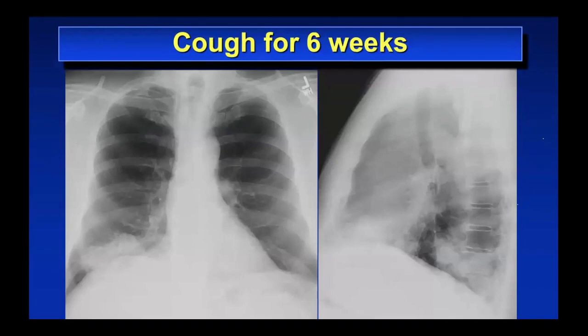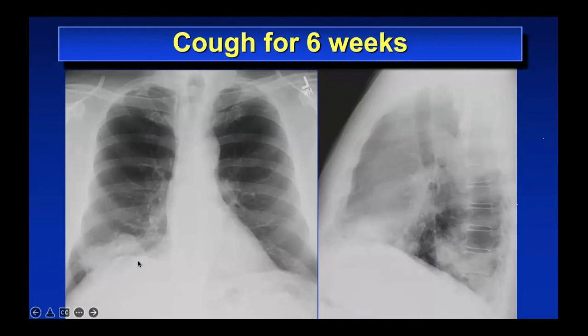So let's look at this patient who had cough for 6 weeks. We saw this area, likely pneumonia, but in anyone who's over 35 years old, I will always dictate that follow-up radiography in 6 to 8 weeks should be performed to assess the possibility of malignancy.